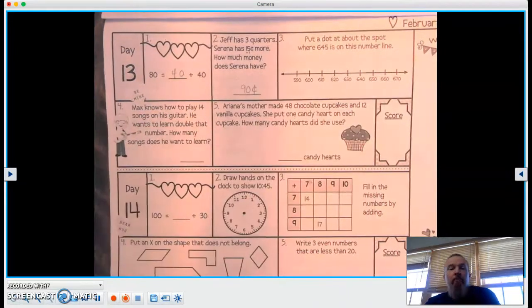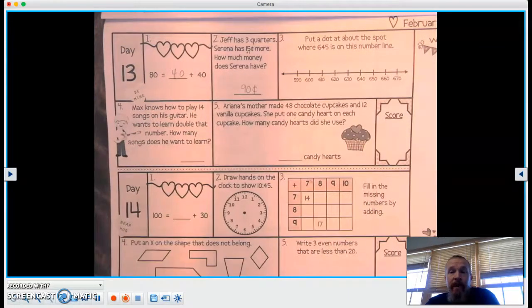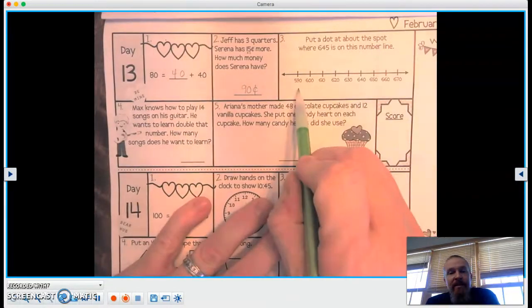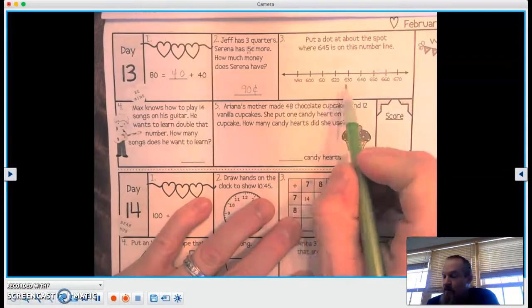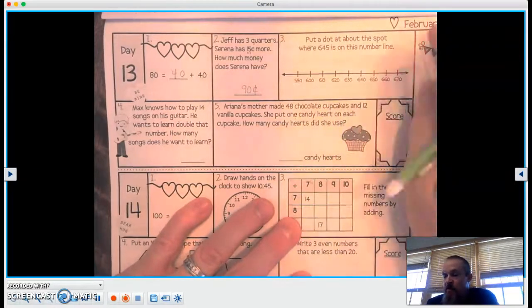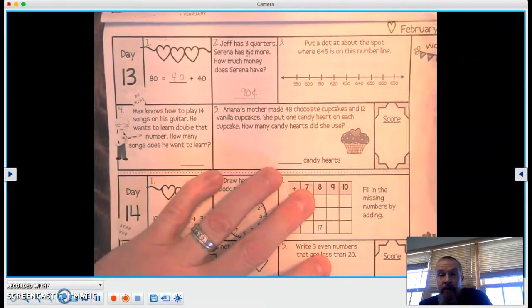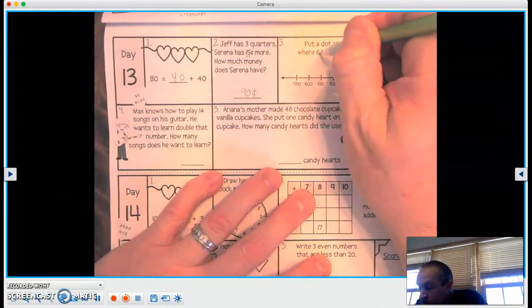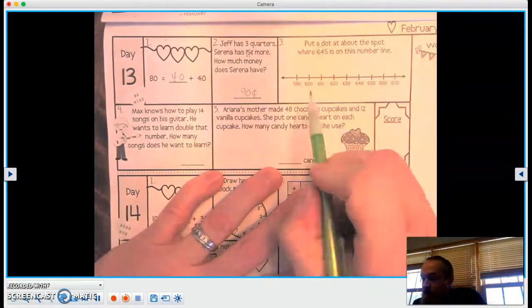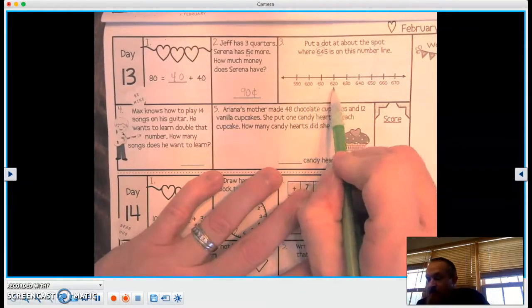Very nice. All right, number 3, put a dot at about the spot where 645 is on this number line. So on this number line, it's counting by tens. So every one of these ends in a 0, which means they're all a 10. So let's look at 645. So we're really going to focus on this part to start. Well, there's 59, 60, 61, 62, 63.